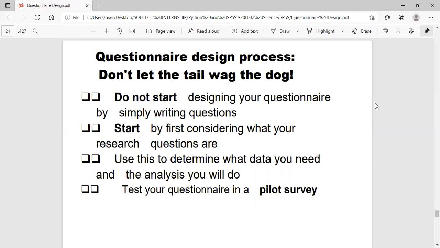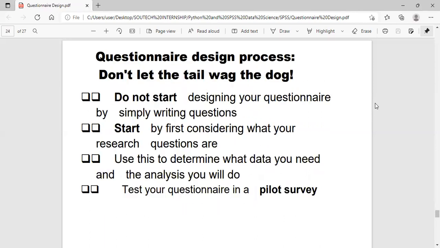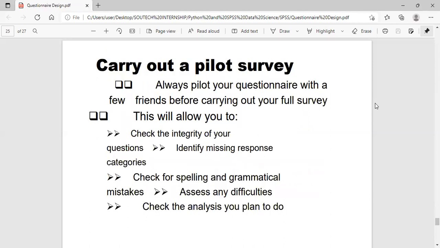Test your questionnaire in a pilot survey. What is a pilot survey, you may ask? A pilot survey is a survey that you share among a few friends to help you check their reactions. It helps you to see if there are problems in your survey.